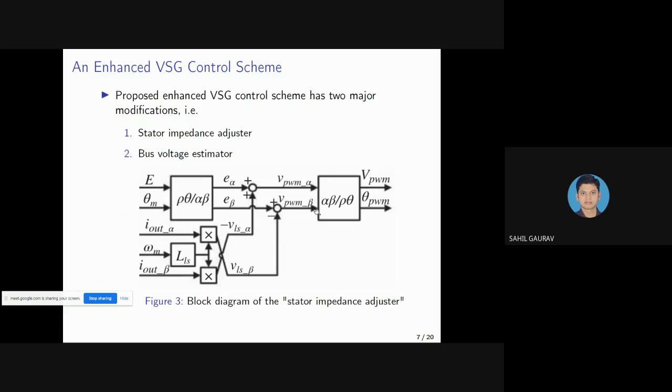This is converted to the rho theta frame, so we get the actual reference voltage and phase angle for the PWM block, which generates pulse drives for the inverter.